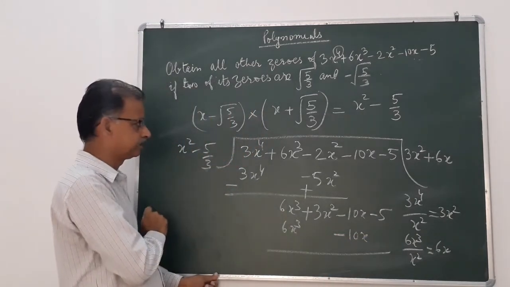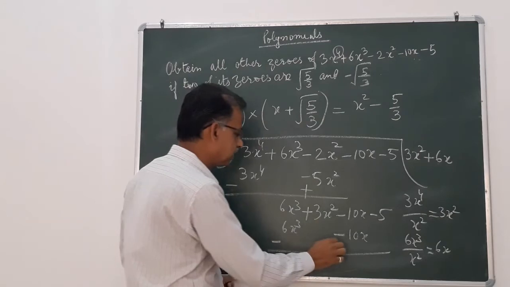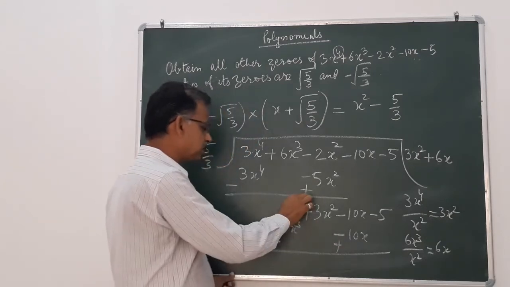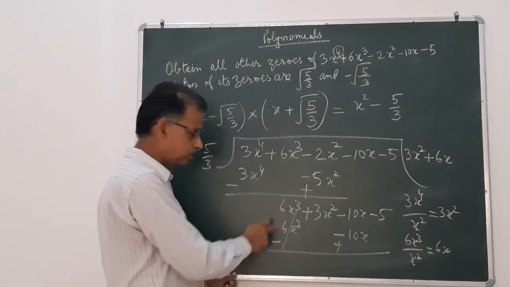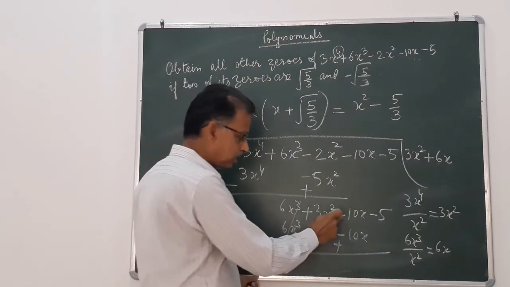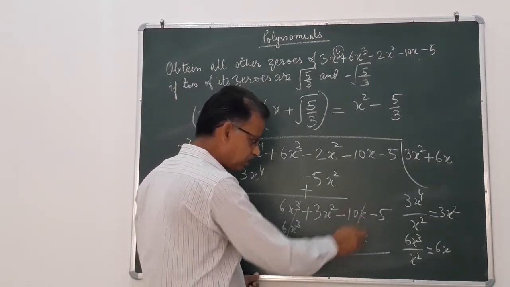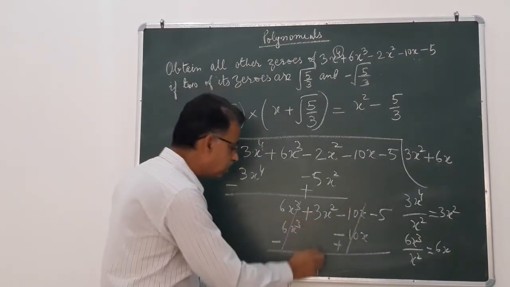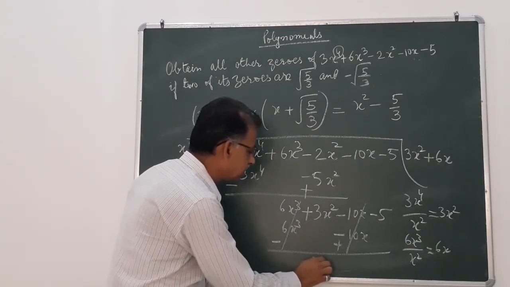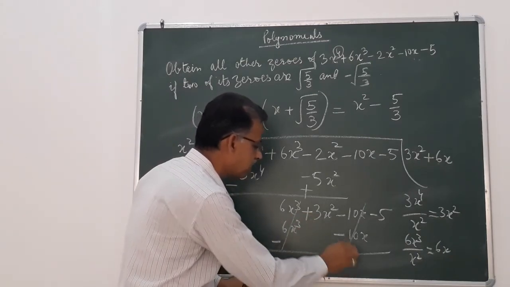Okay? Now we change sign. 6x cube minus 6x cube, sum of these two terms is 0. Minus 10x plus 10x, sum of these two terms is 0. So 3x square minus 5x.